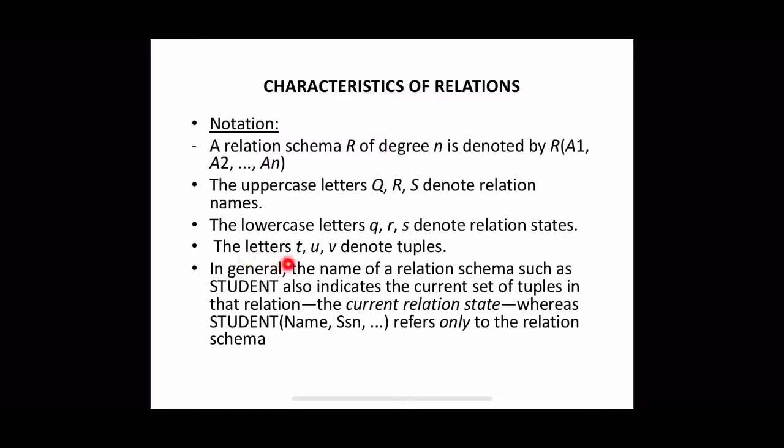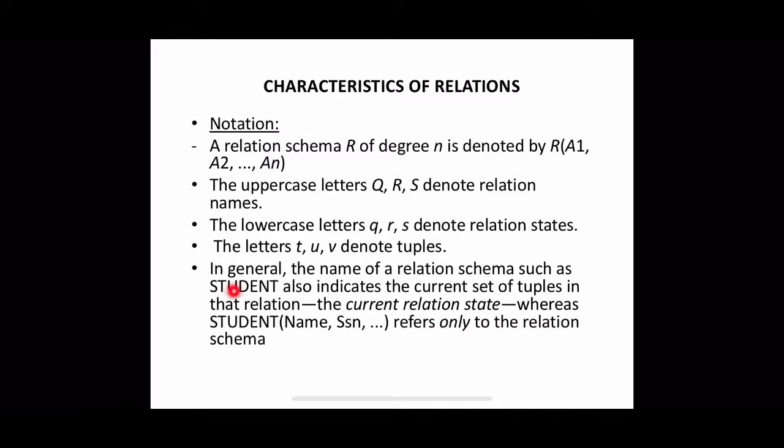And lowercase letters t, u, v denote tuples. And in general, the name of the relation schema such as student also indicates the current set of tuples in the relation. The current relation state will be represented using the schema name, whereas the schema name together with the attributes refers only to the relation schema.